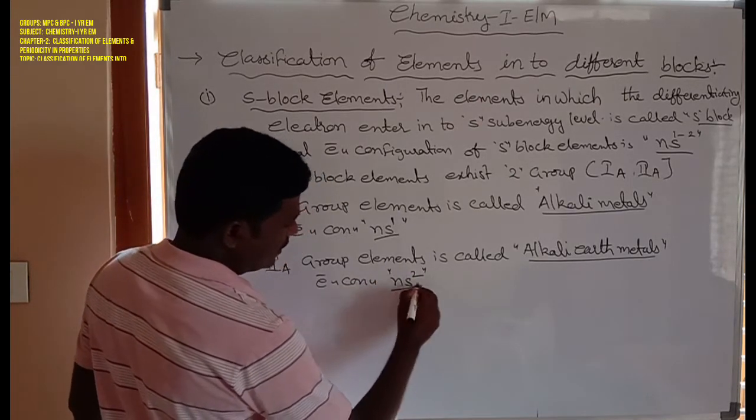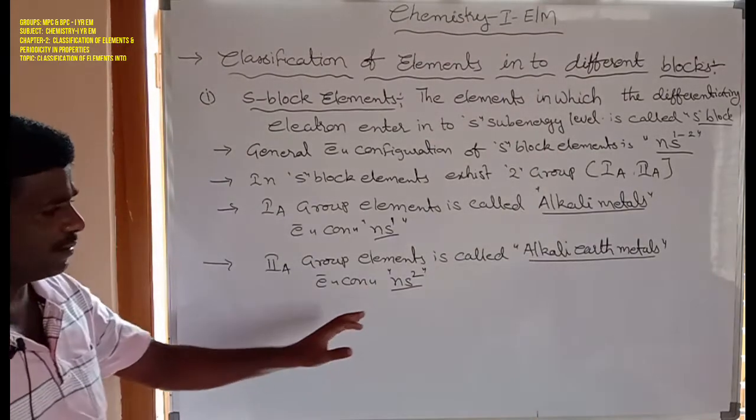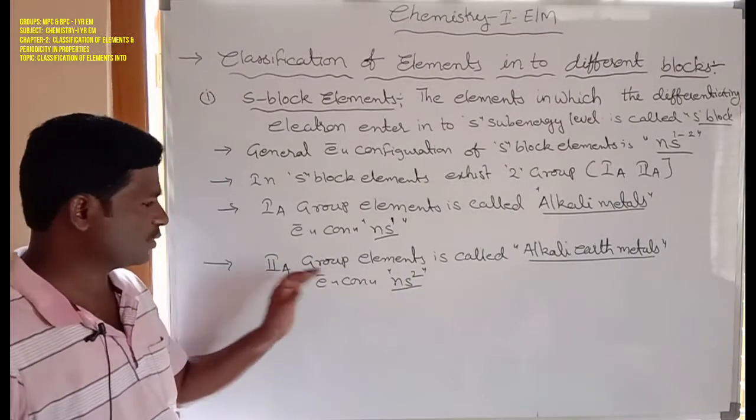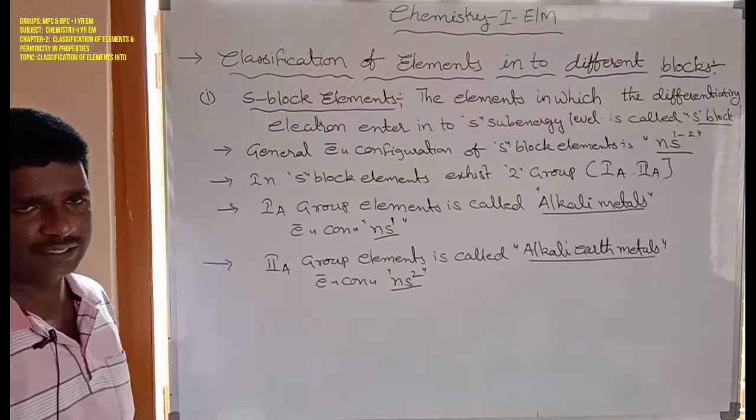In second A group elements, the outermost s orbital has only 2 electrons, so they are called second A group elements.